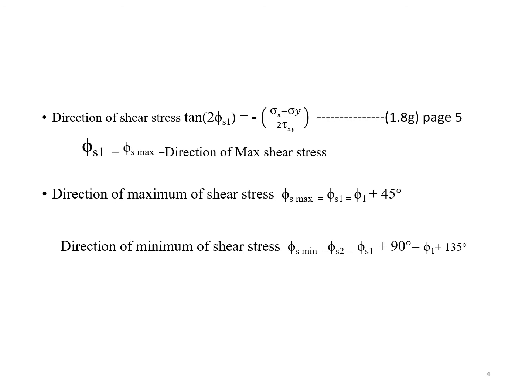Direction of minimum shear stress is also got from the equation phi s min equal to phi s2 equal to phi s1 plus 90 degrees. You can also get that from the maximum principal stress direction phi 1 plus 135 degrees, where phi 1 is the direction of principal stresses.